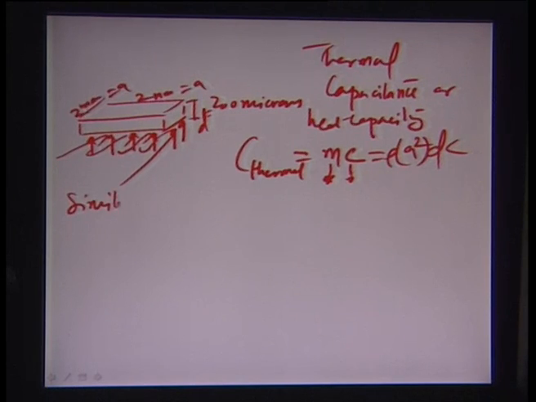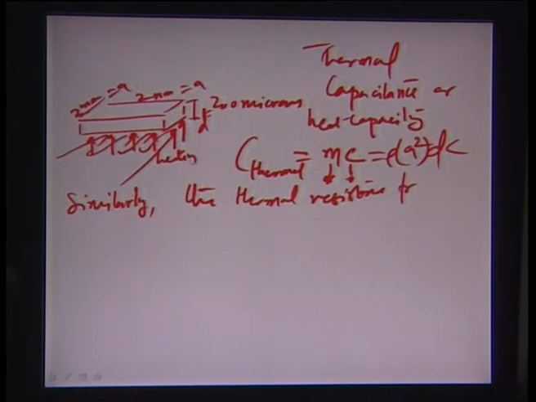Similarly, if you determine the thermal resistance, and that is from the heating membrane to the top of the chamber. So this is the heating membrane or the heaters, and this is the top of the chamber.